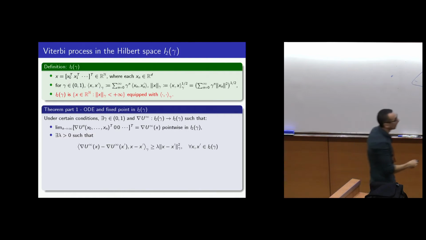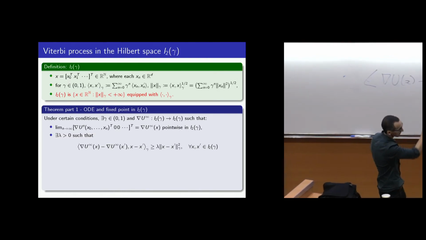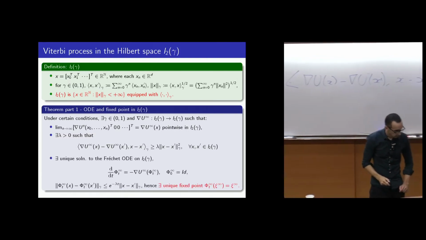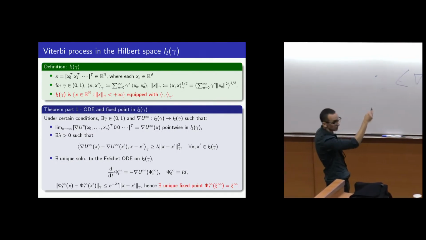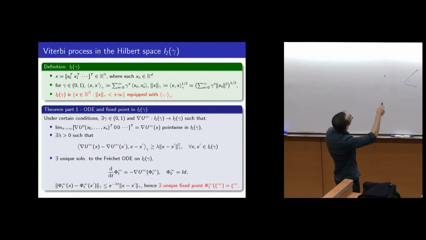Okay? And once I've got this condition, well then, I can construct an ODE on the Hilbert space. Okay, so Fréchet ODE in this context just means that the limits that define this derivative are with respect to the norm on the Hilbert space.